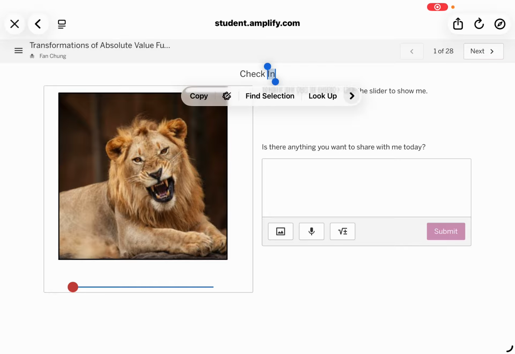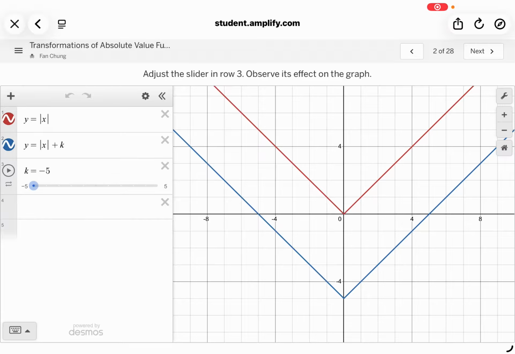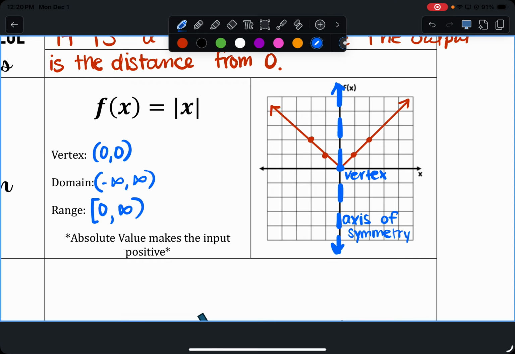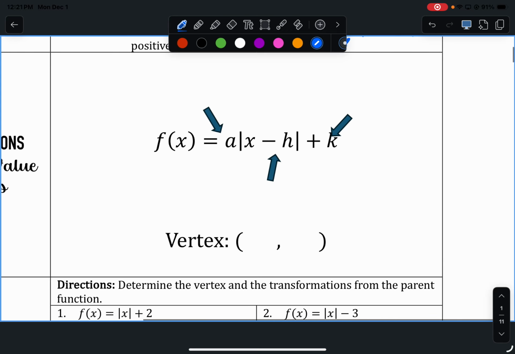It is my fault. But now, what we're going to start with is transformations of functions. So when we look at this, we're going to start by looking at what happens when we add some number k to the end of it. a, h, and k are just placeholders for the numbers we could put there.